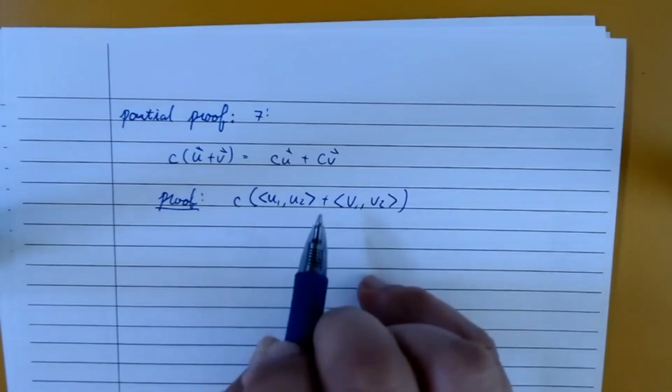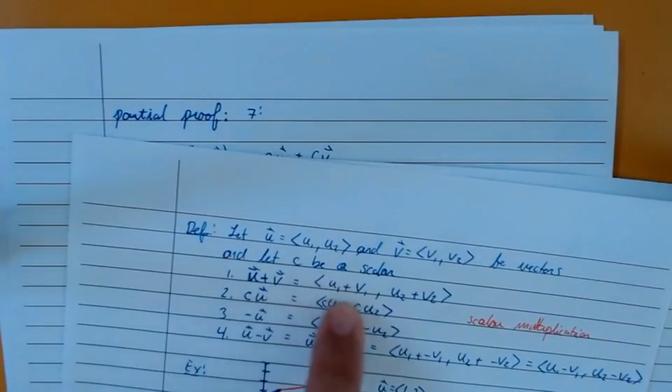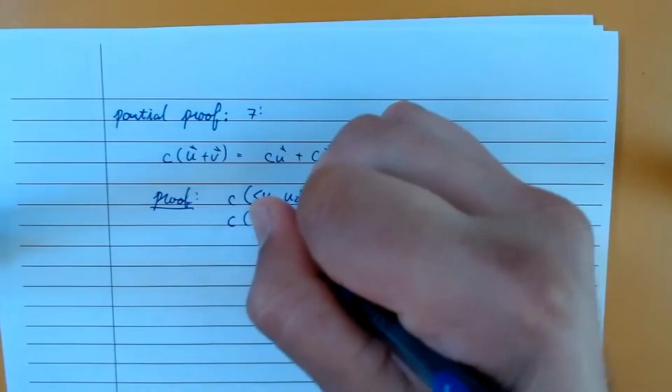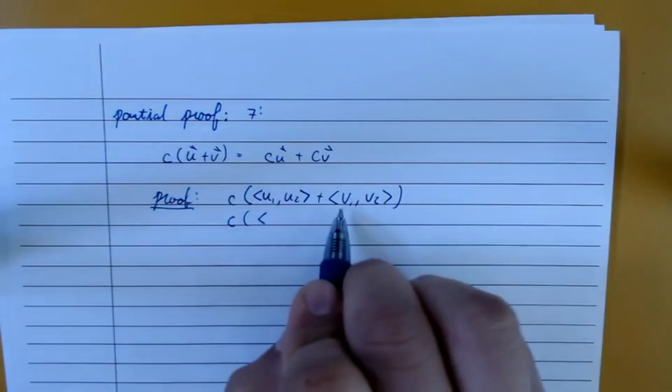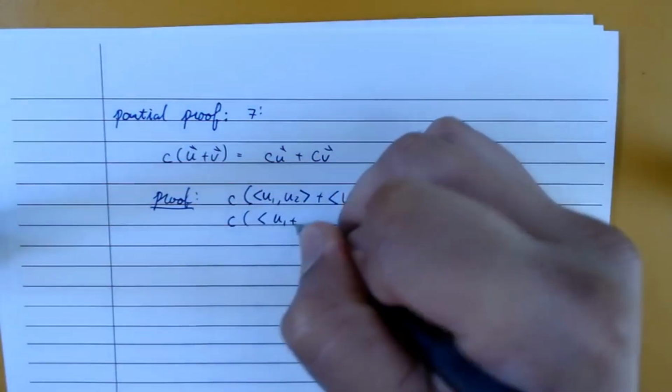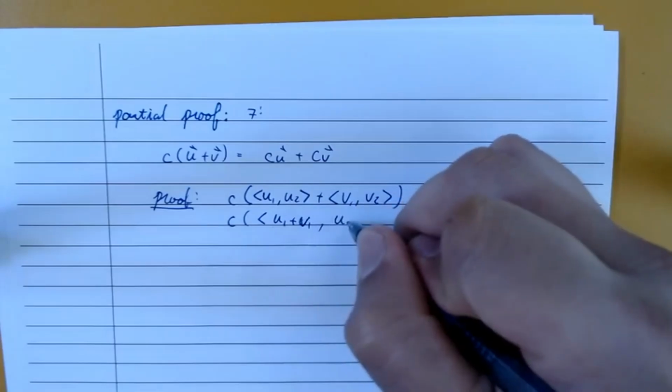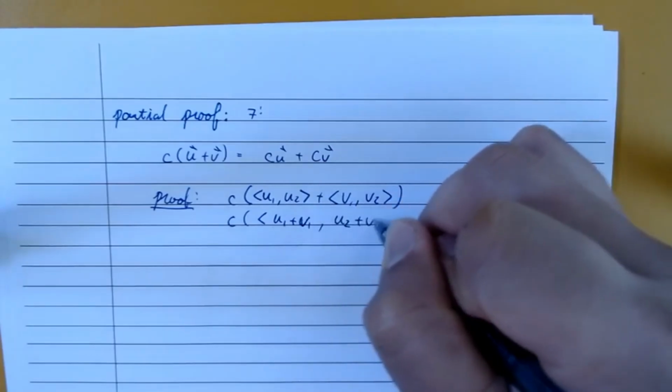And addition of vectors is defined for us very nicely. We can add 2 vectors by simply adding them component-wise. So I'm going to go ahead and do that. It's going to be c times (u1 plus v1, comma, and then I can add the second components, u2 plus v2).